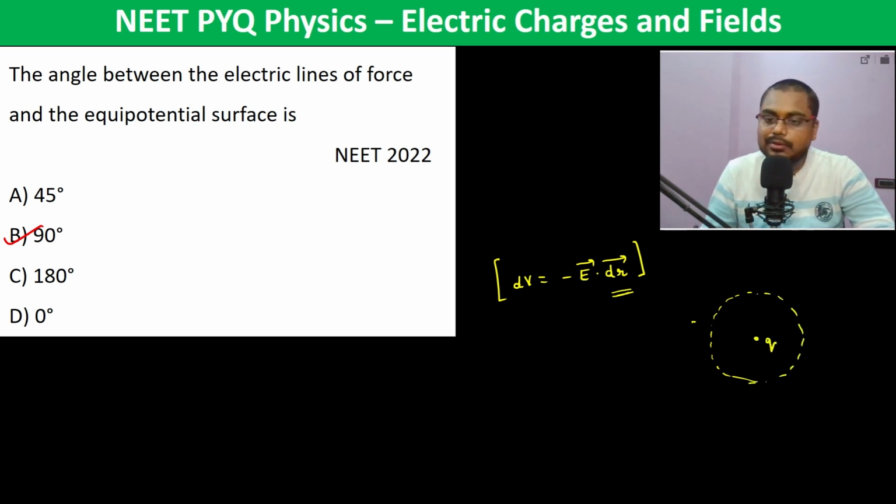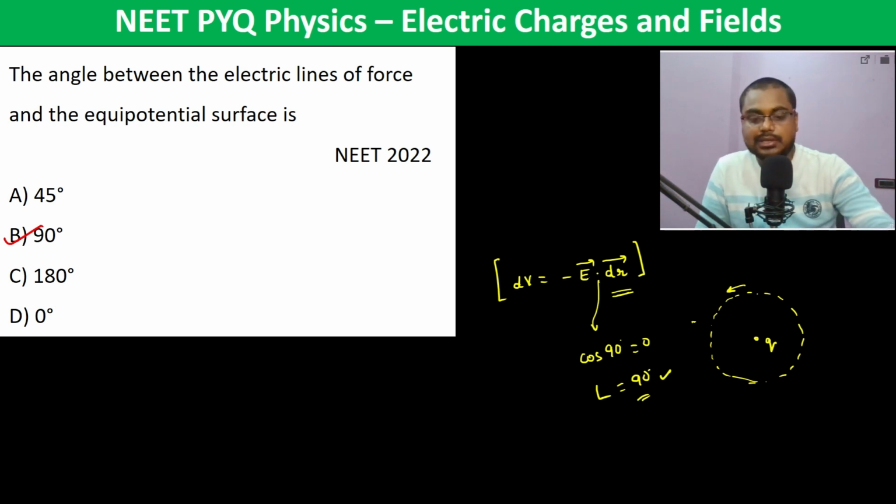So what happens is that if we move across the surface, dr, then E dot dr must be 0. Because this dot product is becoming 0, it should be cos 90 degrees, which is 0. So therefore the angle should be 90 degrees. Okay, so therefore B is the answer. Thank you.